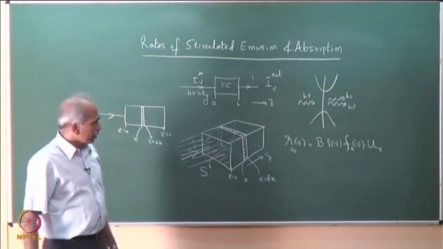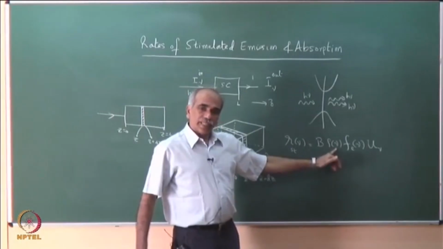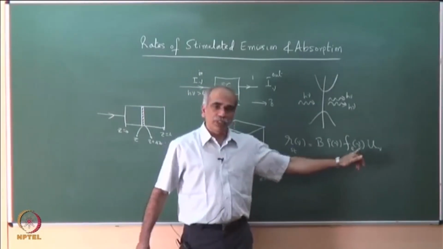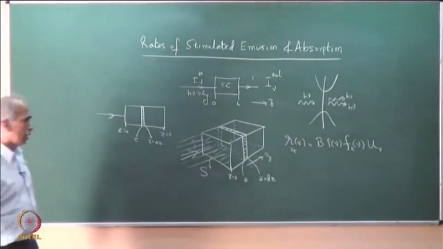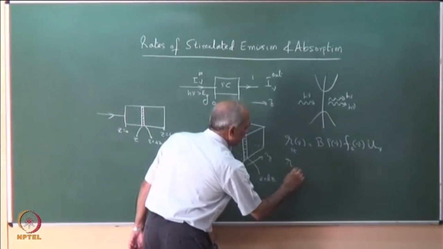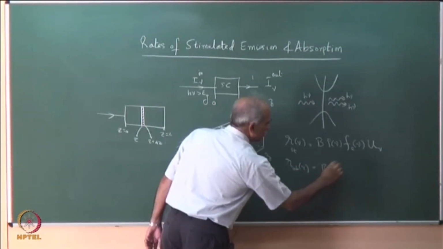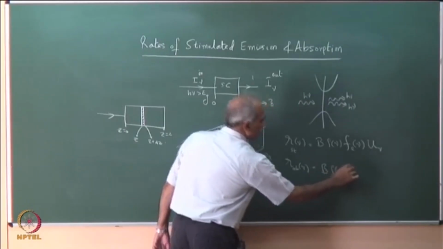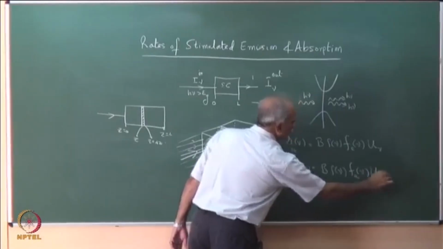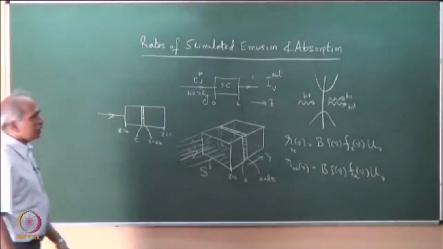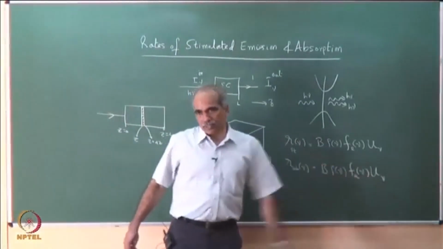That is, the Einstein coefficient, joint density of states, probability of emission, and energy density u nu. The rate of stimulated absorption is equal to B into rho nu into the probability of absorption into u nu. Both stimulated emission and absorption depend on the energy density of the radiation u nu.